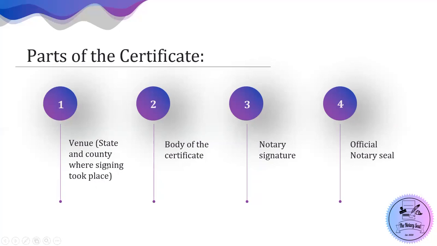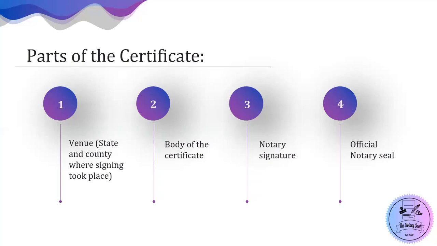It doesn't have to be a city, it has to be the county. Some counties will have multiple cities or towns that are part of that county. So it's important that you put the county, not the city.